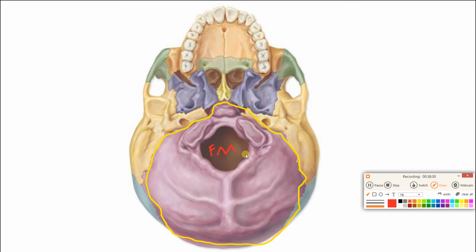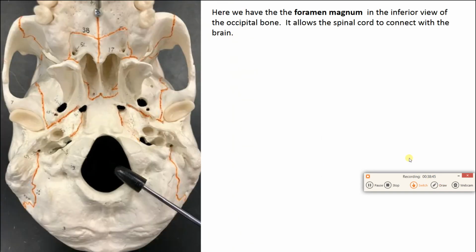That big hole is called the foramen magnum. It is where your brain attaches to your spinal cord. That big hole is a fantastic landmark. Here, I've got it pointed out on the skull model. Foramen magnum right there. The big hole, literally. Foramen means hole, magnum means big.